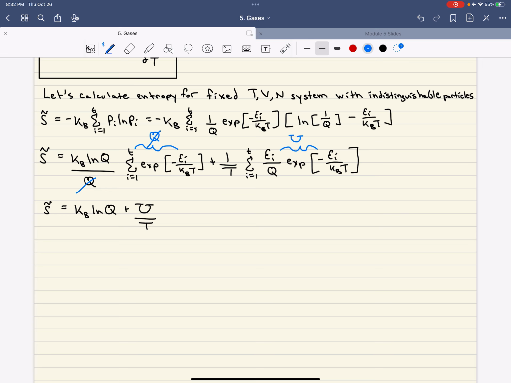And since the big Q is just equal to this, what we get is NkB ln of little q plus U divided by T. We're once again playing around with the log rules. I just brought down the N here.